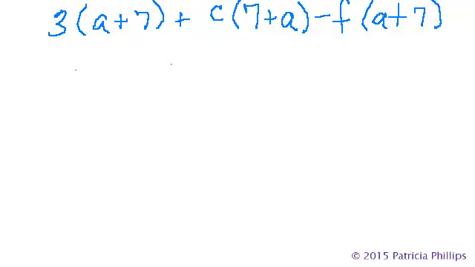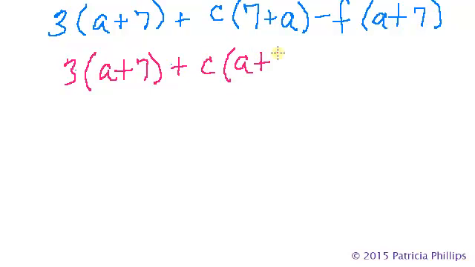So you'll be like, oh, okay. And you rewrite it as 3 times a plus 7, plus c times, rearrange it, a plus 7, minus f times a plus 7.